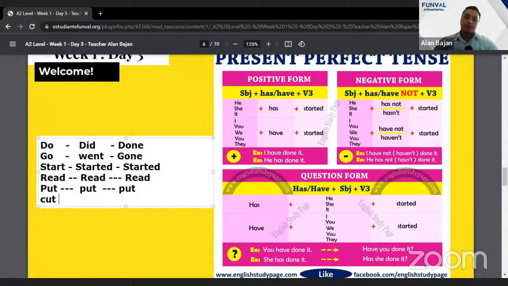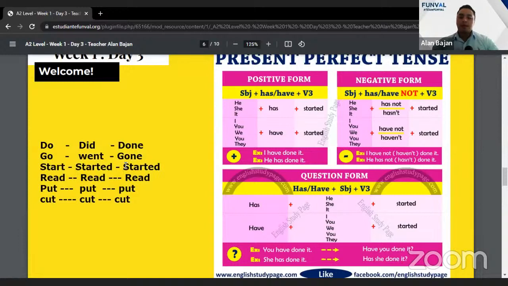Cut, cut, cut. It's the same on the three conjugations, okay? So for present perfect, we always need the last column, this one. Column number 3. That's the structure.